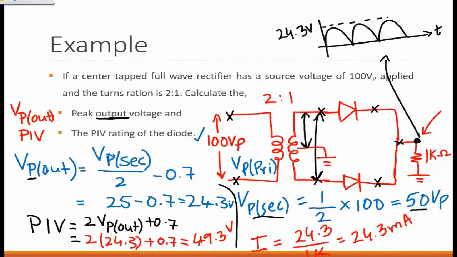Yes, voltage all the way at the end of the circuit. First, based upon the turns ratio, you get the secondary. Once you know the secondary, you use the subsequent formulas. That's the case if you have a transformer, right? So even in the half-wave rectifier as well, like in the last class.